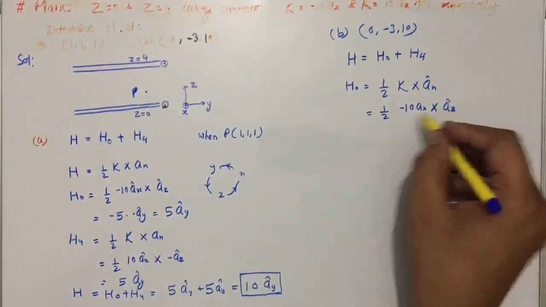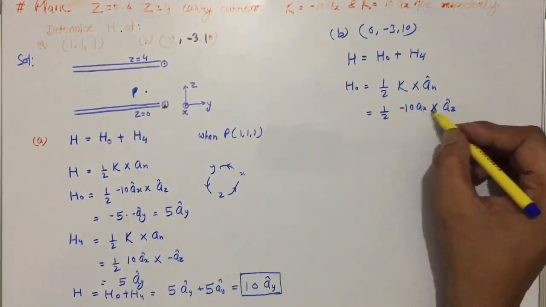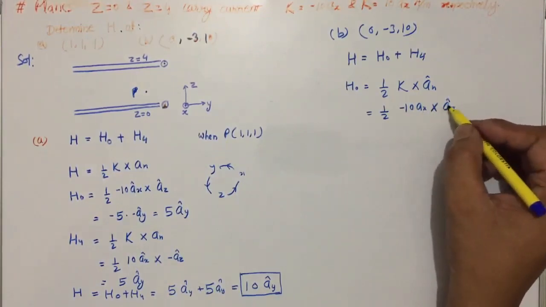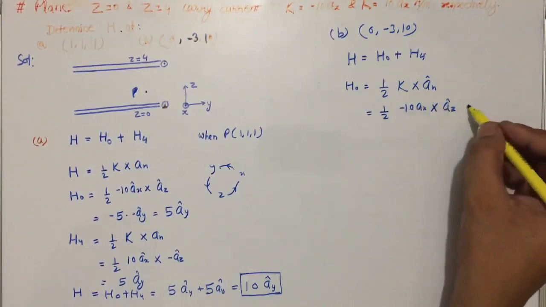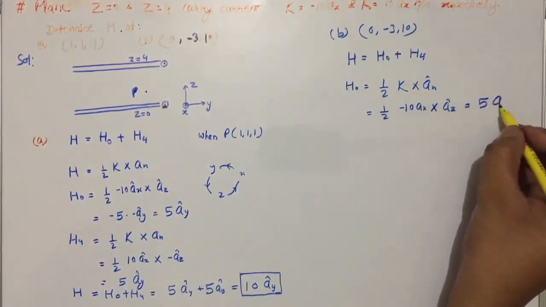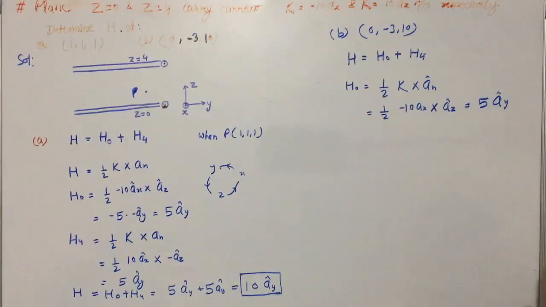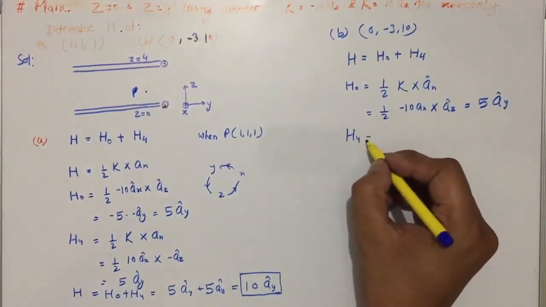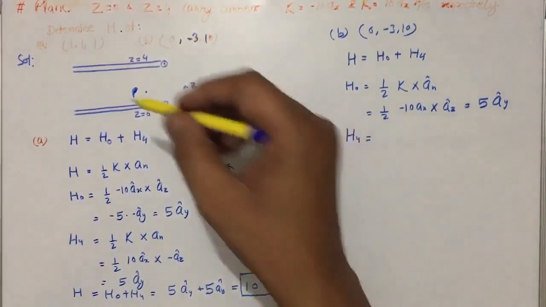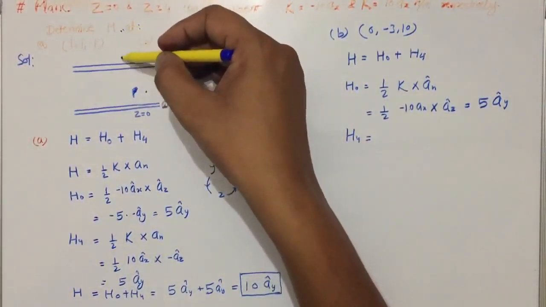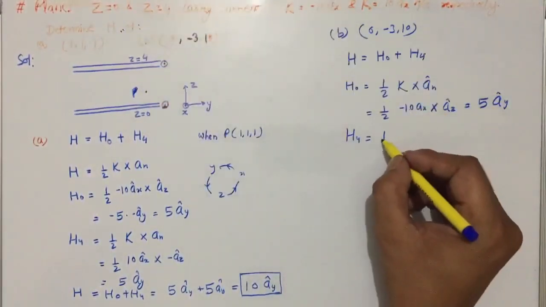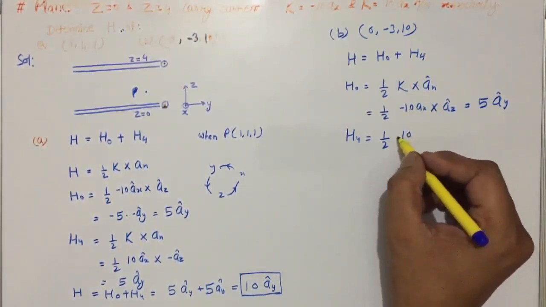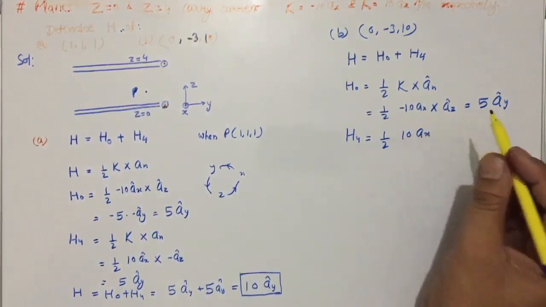Okay, and if we solve this, AX cross AZ will give us minus AY, so minus and minus will give plus, so it will be plus AY. And H4 in this case, this is again in the direction of plus AZ, so K is 10 AX.